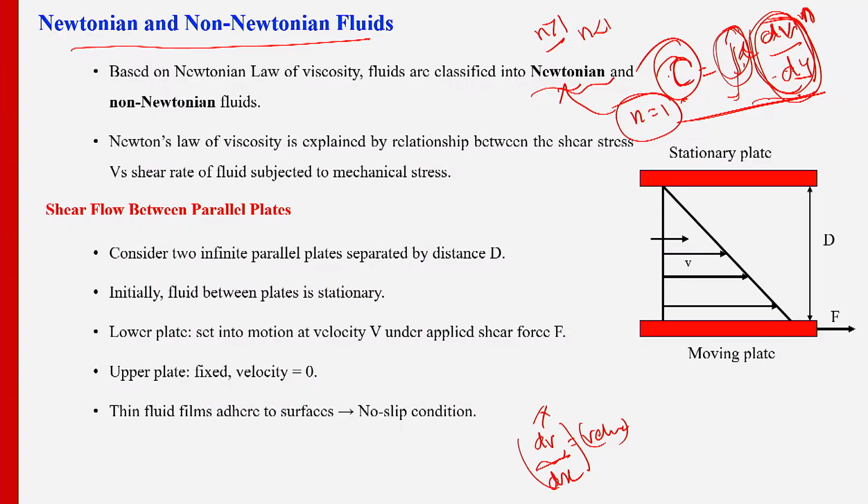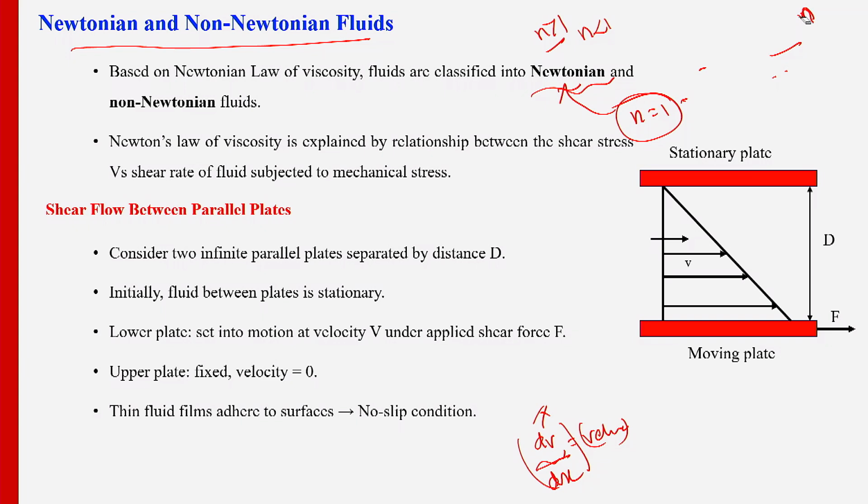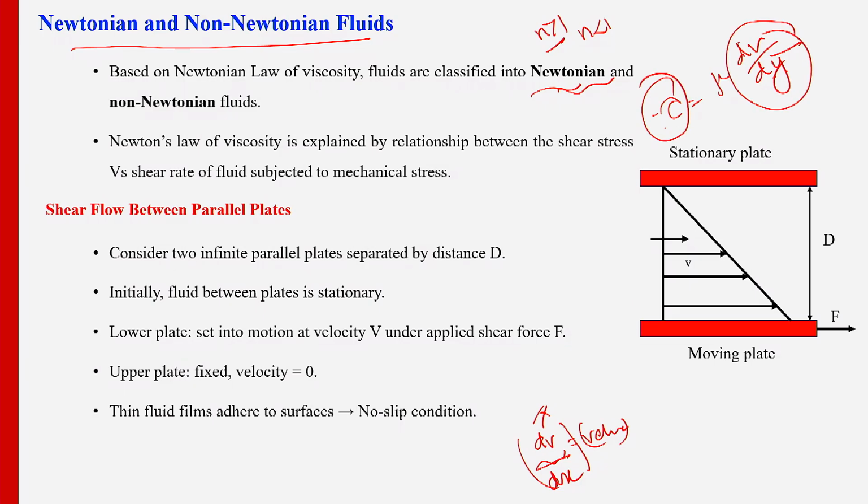Tau we are saying is the shear stress. Then the shear rate is, I will write one more time, tau equal to mu of dV by dy, for understanding. We will write this for shear stress, and the other one is for shear rate.